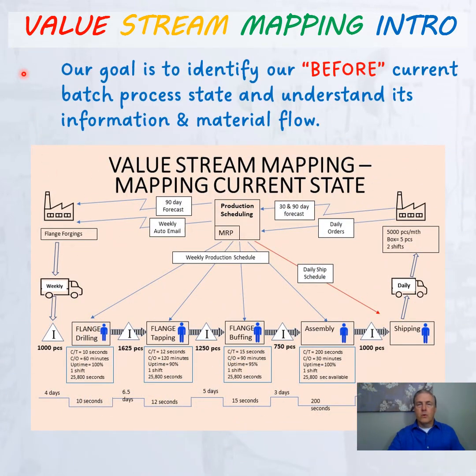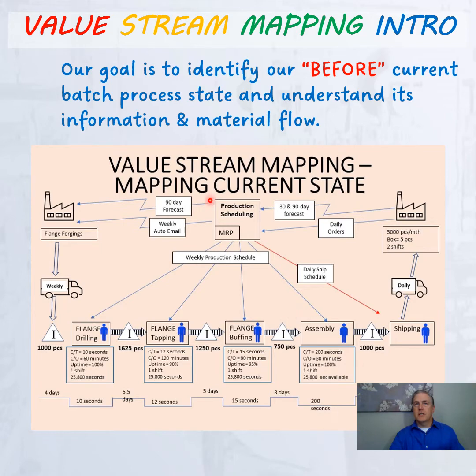Our goal is to identify our current batch process state and understand its material and information flow. What I've got here is a current state map, a value stream map that's been filled out, if you've never seen one. The top half is your information flow.